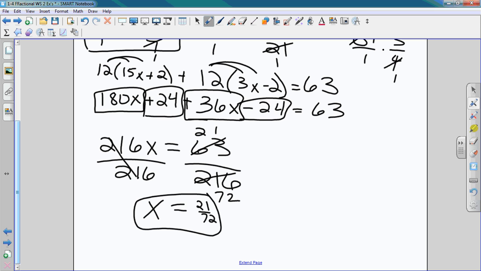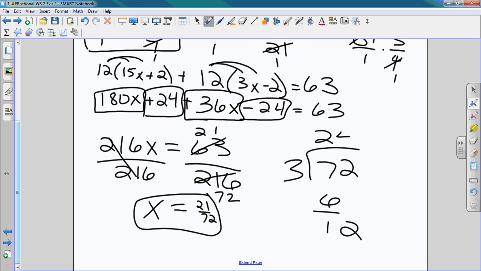Not sure. Anybody think of something else? If I divide 72 by 3, I'm going to get 24. Okay, here we go. Thank you. So 24 and 7, and now I'm done. So it's x equals 7 over 24.